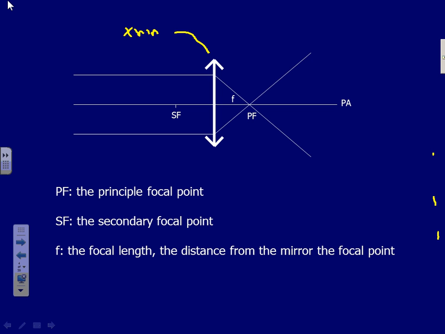Okay, so the PF is called the principal focus, and the SF is called the secondary focus. When it comes to lenses, there's two focuses. The reason is that you can take a lens and turn it around, and it works just like it did the forward way. It doesn't matter which way the light enters the lens, it will always have a focus.